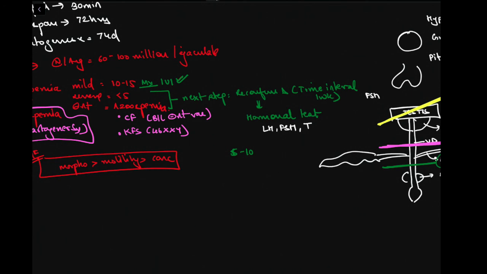If the sperm count is between 5 to 10 million, we advise the patient to undergo IVF, while in severe oligospermia, with count less than 5, the best treatment is ICSI, that is intracytoplasmic sperm injection, while in azoospermia, we extract the sperm by TESE followed by ICSI.